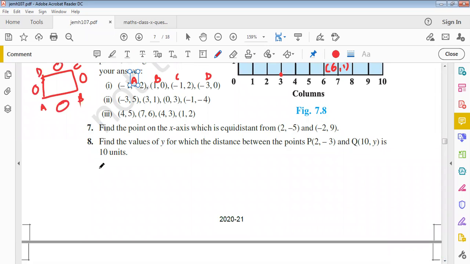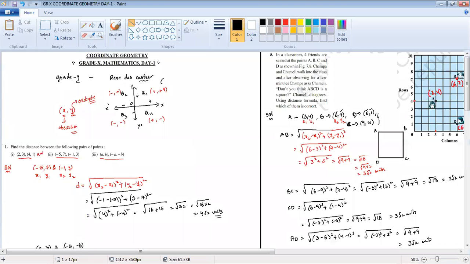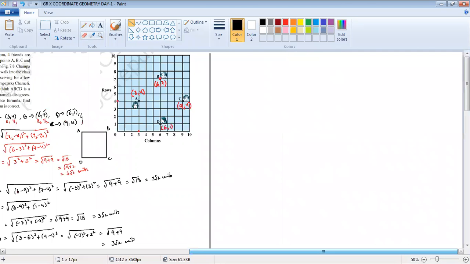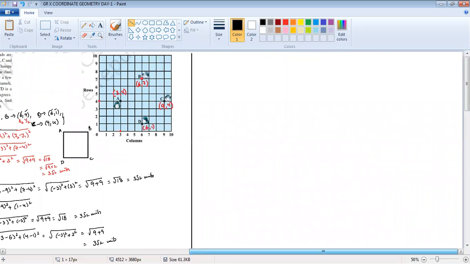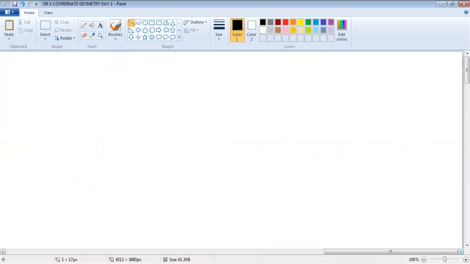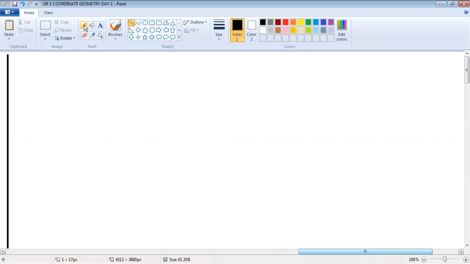Now I'm going to give you the conditions. Number one condition, for a square, all the sides AB, BC, CD, DA should be equal.